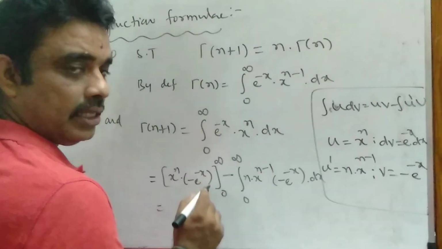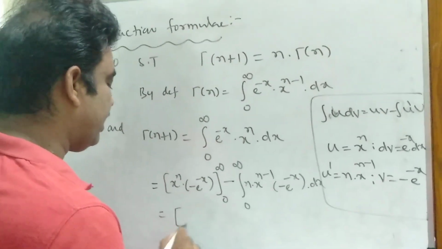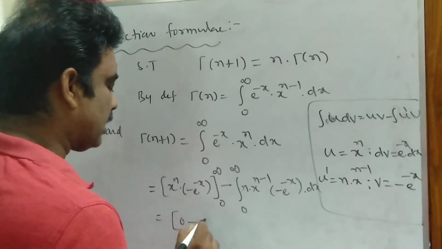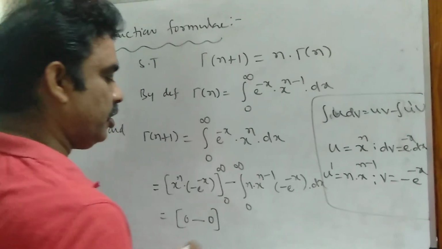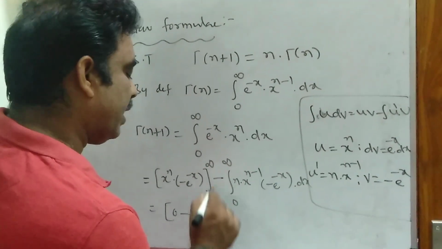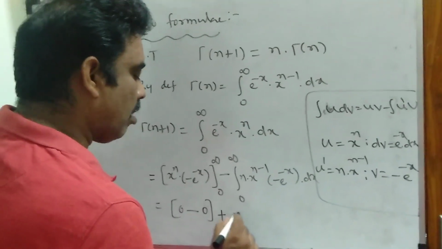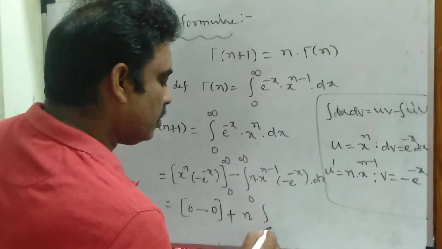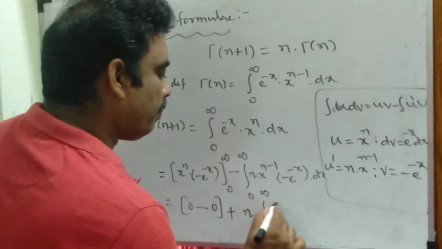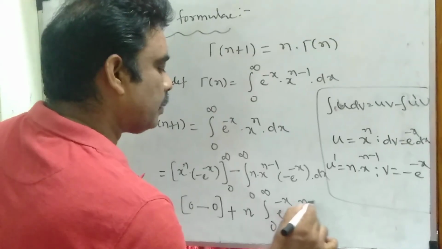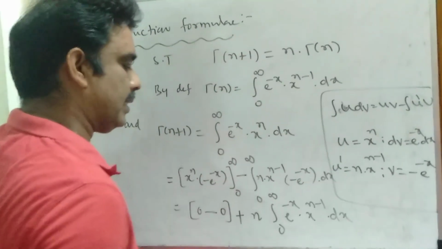Now substituting the limits, at the upper limit e power minus infinity is 0, and at the lower limit x equal to 0, so the entire term is 0. Minus of minus is plus, and n is a constant, taken outside: integral 0 to infinity e power minus x, x power n minus 1 into dx.